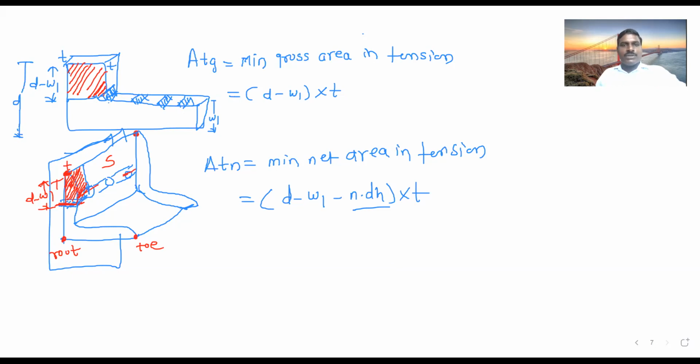Okay. So now all these formulas for AVG, AVN, ATG, ATN, whatever we have derived here, are not given in any book in the world.